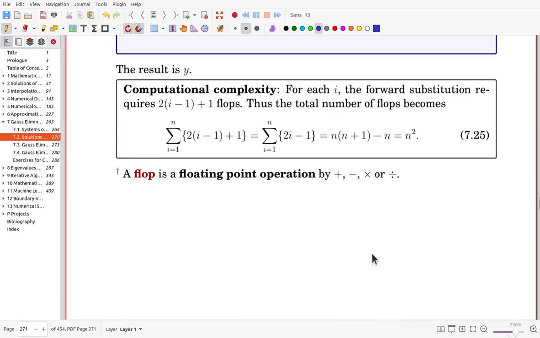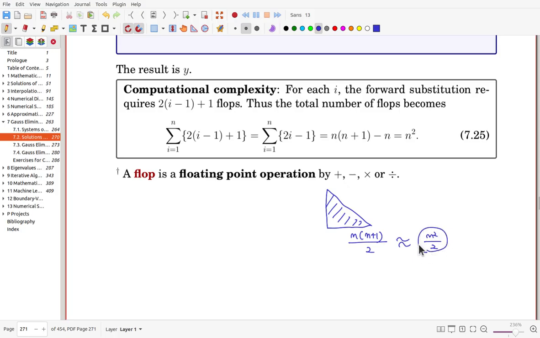For example, for a lower triangular system, we have the maximum possible number of entries, n(n+1)/2, so that it is almost n squared over 2.